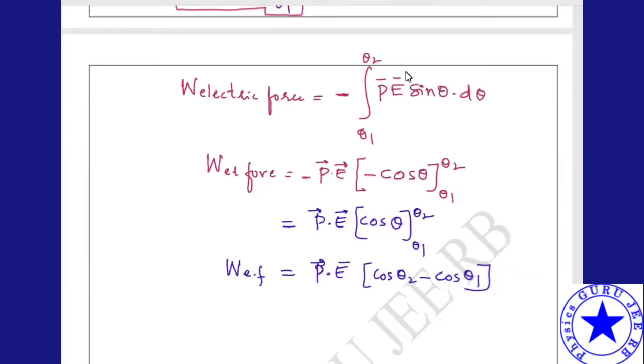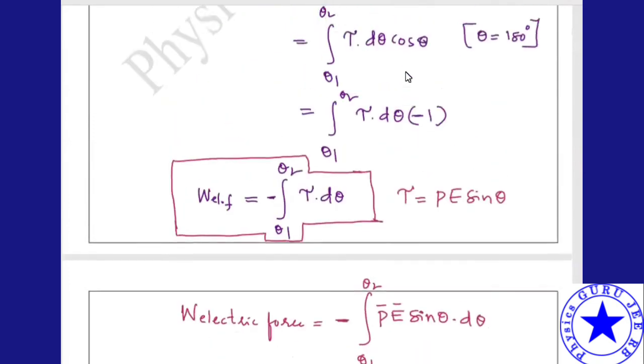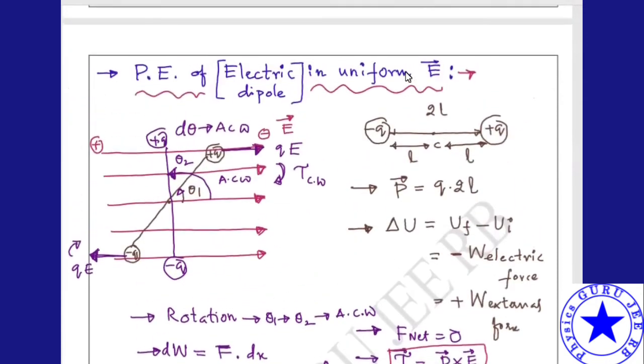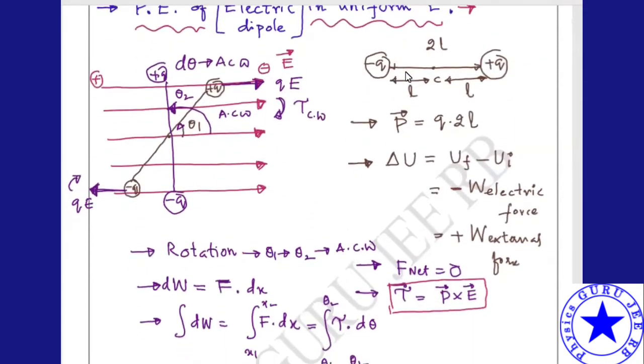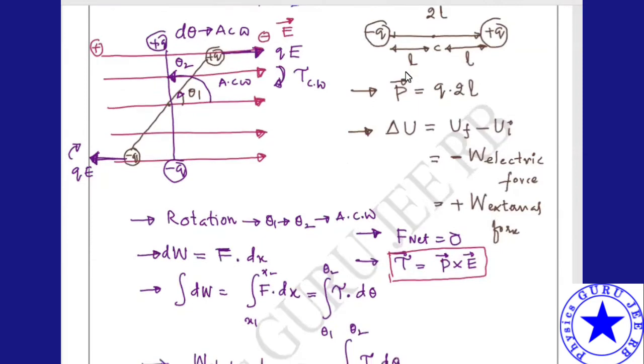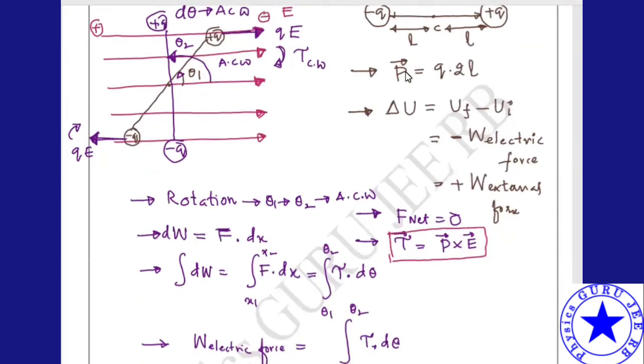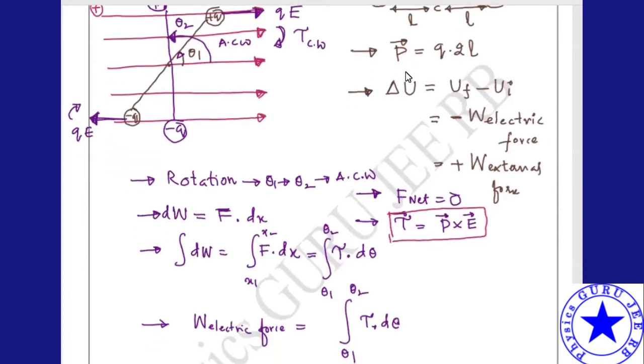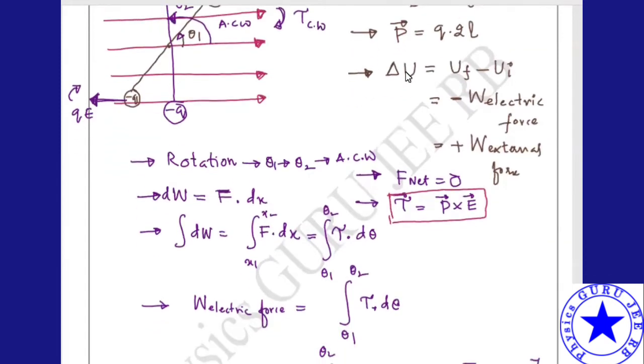But what we require is potential energy. See how I proceeded. Potential energy I want, so I started with change in potential energy. Change in potential energy is nothing but final potential energy minus initial potential energy, which is equal to the negative of the work done by the electric force or conservative force, or positive of the work done by the external force.